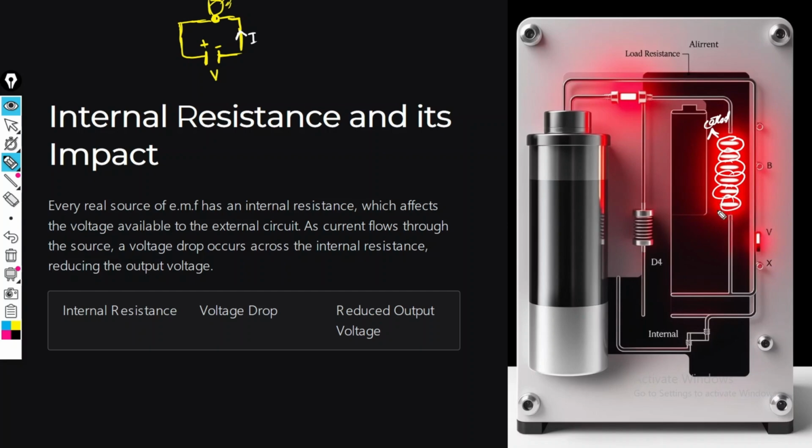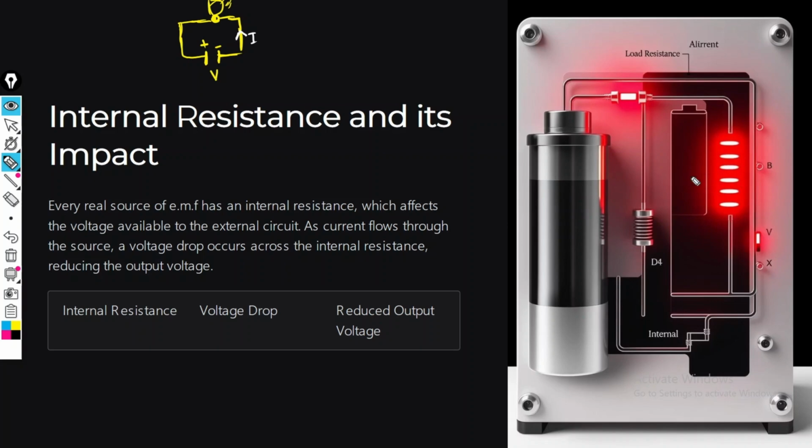In this case, some collisions occur, and some accumulation of charges occurs. Due to that accumulation and the internal phenomena occurring inside this battery, some resistance is produced inside the battery.